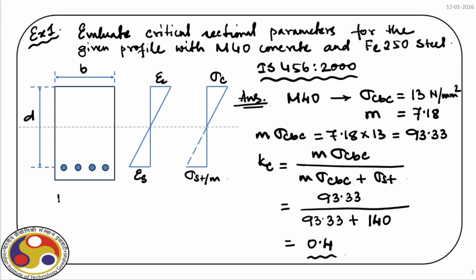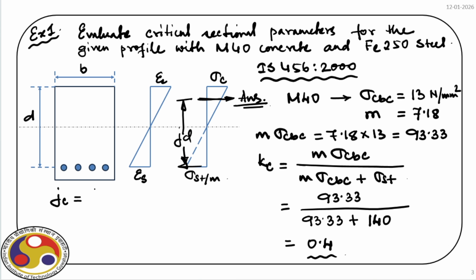Now what is the Jc, the sectional property that defines the lever arm? If you recall, we have a compressive force here. Sorry, let us draw it here. So we have a compressive force here and we have a tensile force there, and the lever arm is actually the distance between these two equal and opposite forces, right?